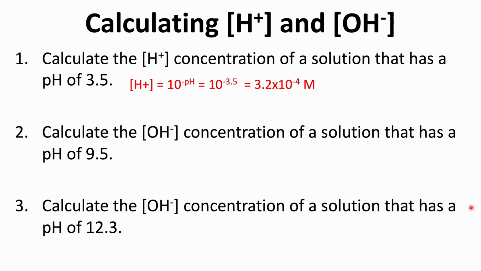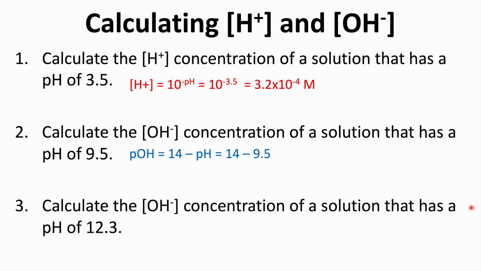Number 2 says, calculate the hydroxide concentration of a solution that has a pH of 9.5. Well, first off, remember pH is going to give us the concentration of the hydrogen ion. If we want the concentration of the hydroxide ion, we need to figure out pOH. So the first thing I do is calculate the pOH from the pH. 14 minus pH will give us pOH.